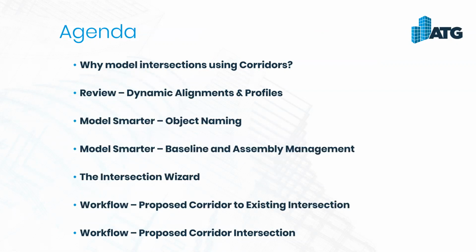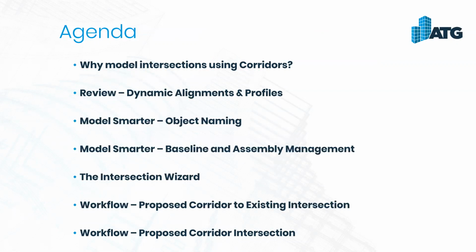So we're going to be talking about how we can model smarter, with a plan ahead of time, to make sure that we only need the minimum number of model objects to get our design ready. Keeps our files smaller, keeps everything just running cleaner. So we'll talk about our object naming, and we'll talk about our baseline and our assembly management. Give a brief introduction to the intersection wizard, and then we're going to talk about two workflows.